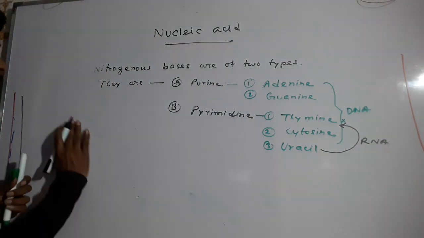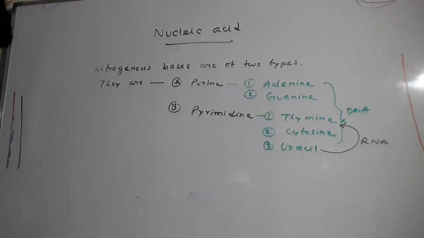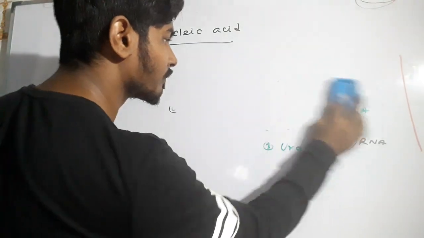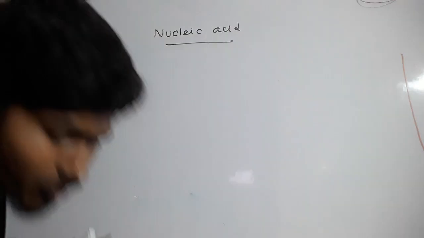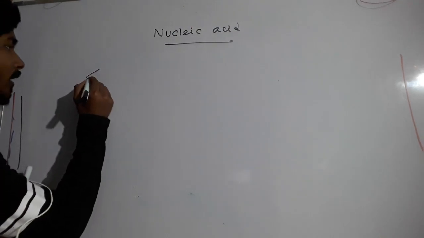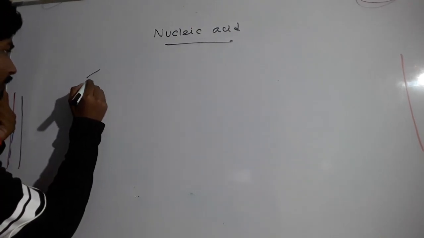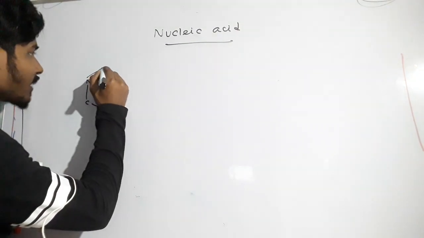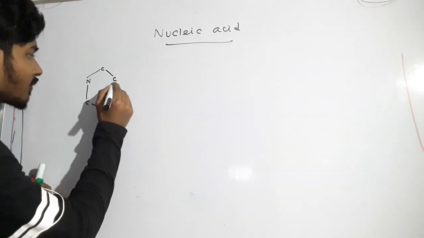So first of all, let us erase the board. If you draw the structure of a purine, you will have a heterocyclic ring structure.